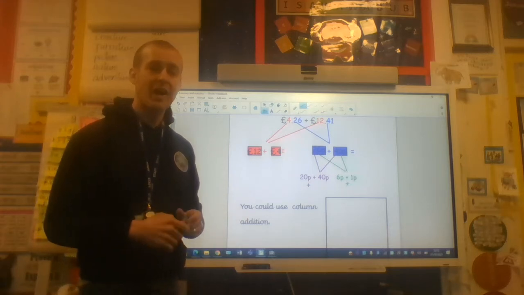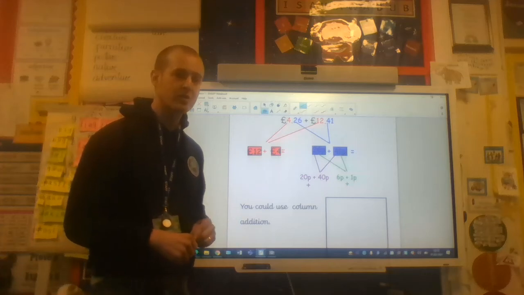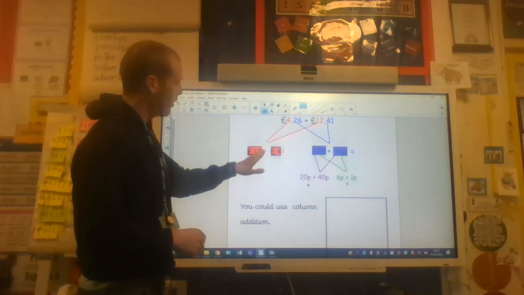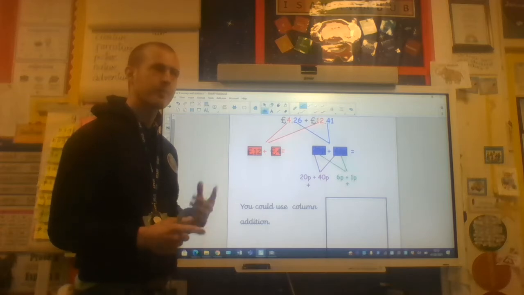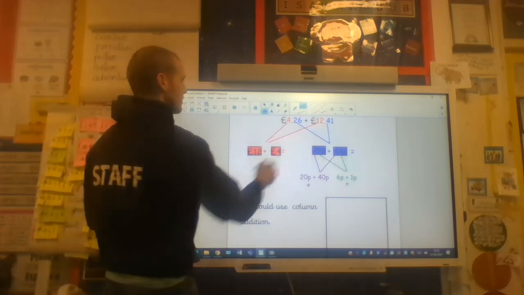Brilliant stuff. How did you get on? Could you add up these two amounts? Let's try it. £12 add £4 is £16.